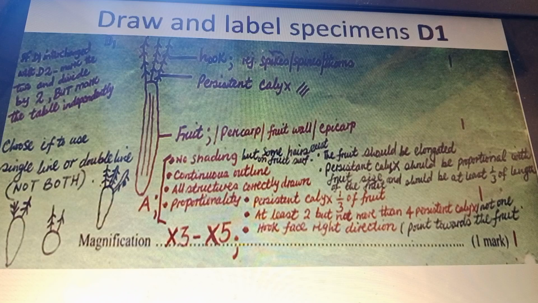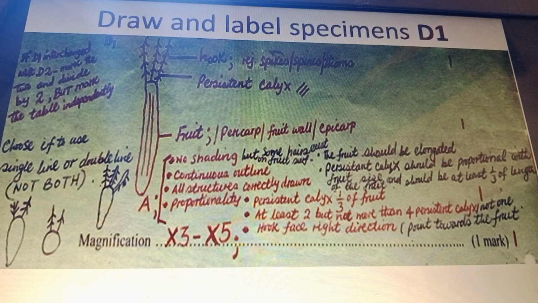All right. So, persistent calyx, 1/3 of the fruit, at least 2, but not more than 4 persistent calyx. Hooks should face the right direction. Point them towards the fruit.